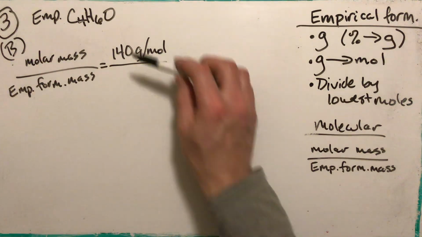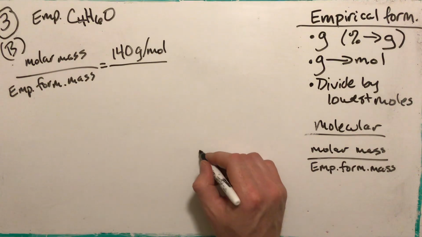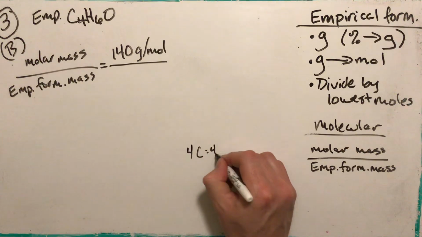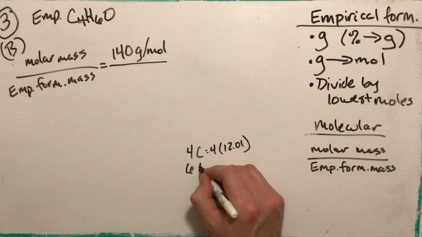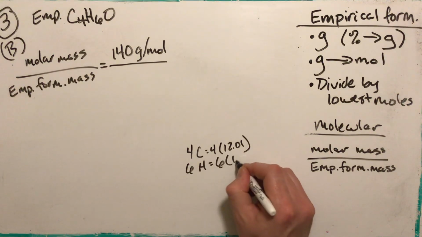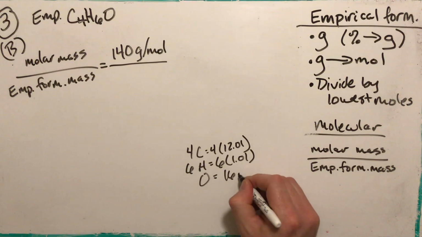So now what I got to do is add up the parts of this, right? So what I do off to the side is I take, well, there's 4 carbons, which is 4 times 12.01, and then there's 6 H's, 6 times 1.01, only 1 oxygen, so that's 16.